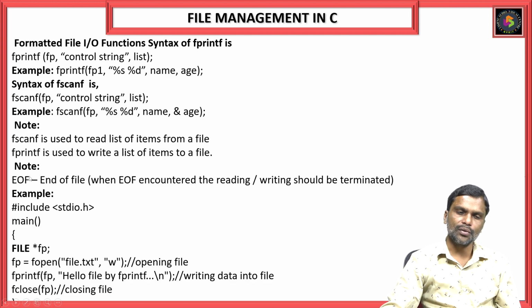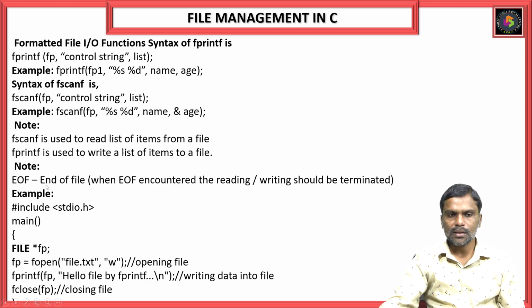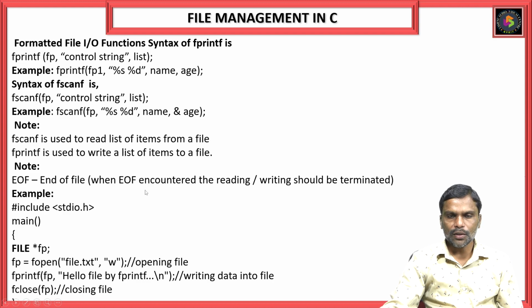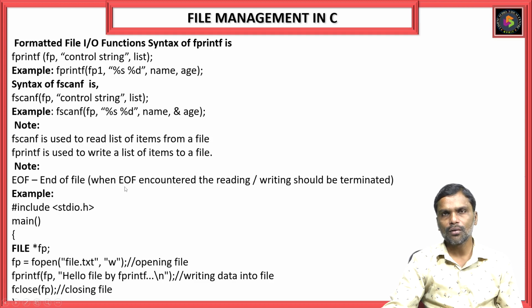Another word we use here is EOF, end of file. When EOF is encountered, reading or writing should be terminated. That means EOF indicates that if you are reading the file, the reading is completed, and if you are writing the file, the writing is completed. For that purpose, we use end of file.